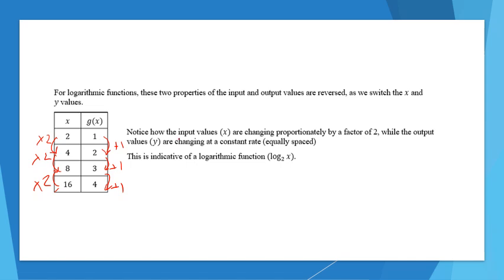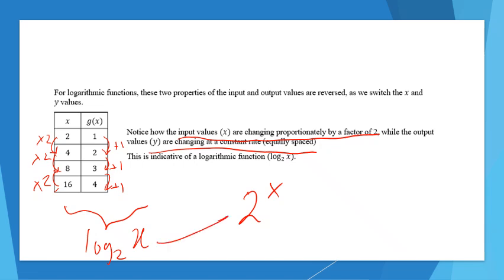Notice how they are switched. They still have the same criteria as an exponential function, it's just that our x and y values are flipped. This is the logarithmic function log base 2 of x, the flipped version of 2 to the power of x. Those two are inverses of each other.